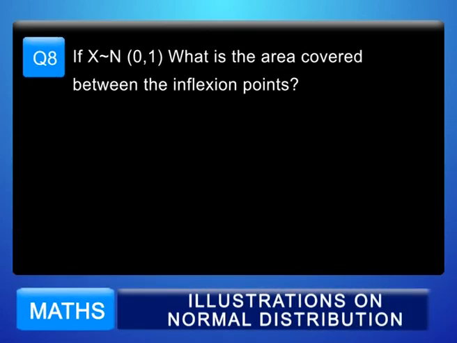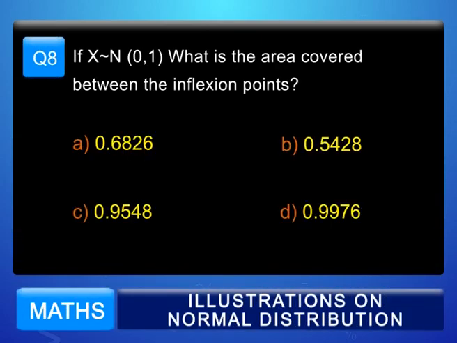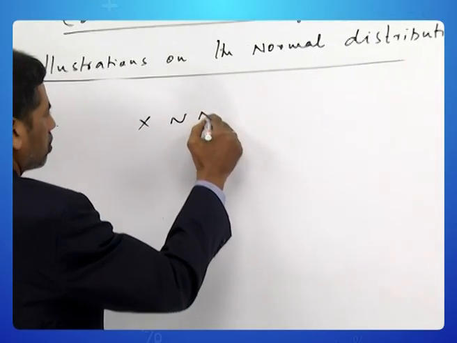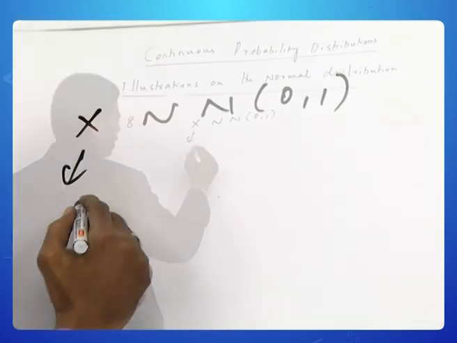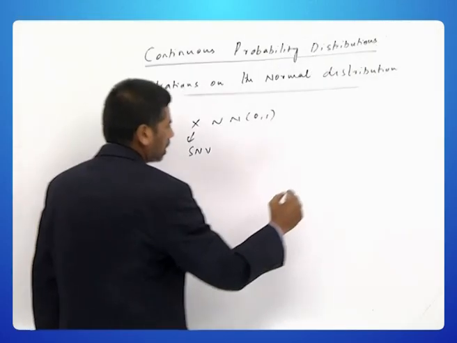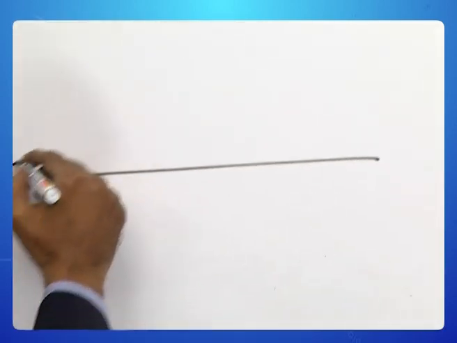Question number 8. If x is normally distributed with mean 0, variance 1, what is the area included between the two inflection points? So we are given x is normally distributed with mean 0, variance 1. So x is a standard normal variate having the standard density.